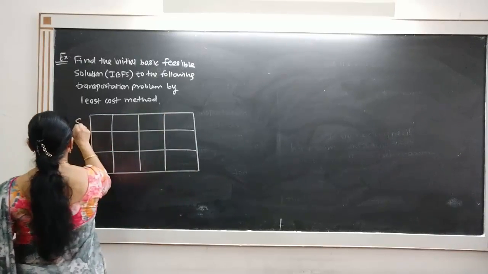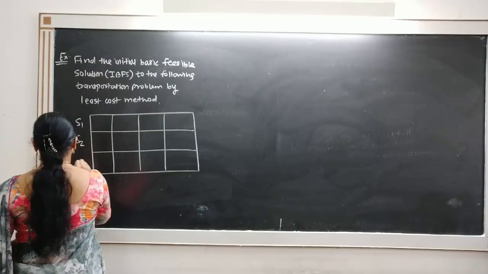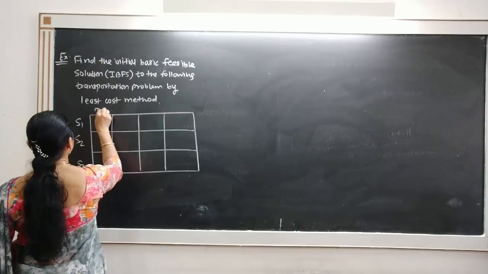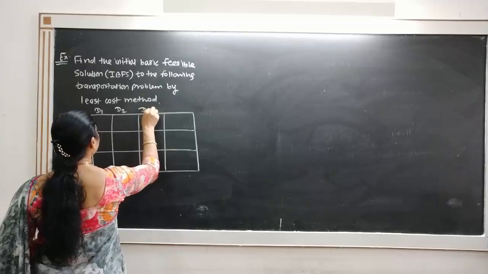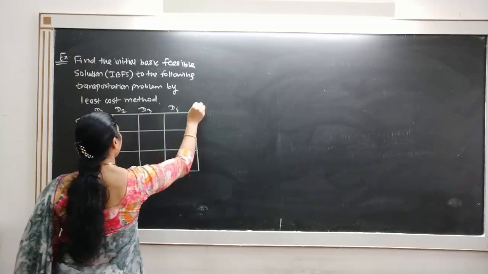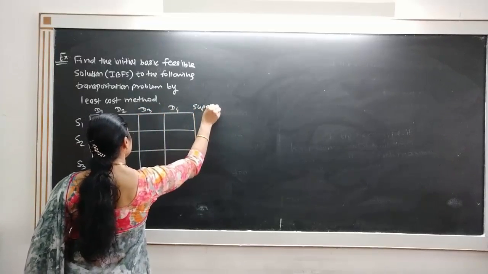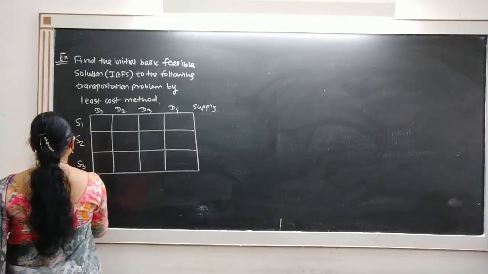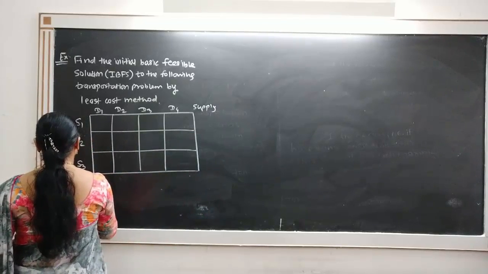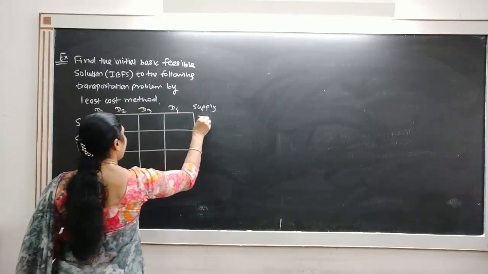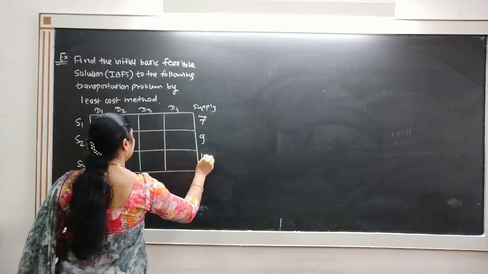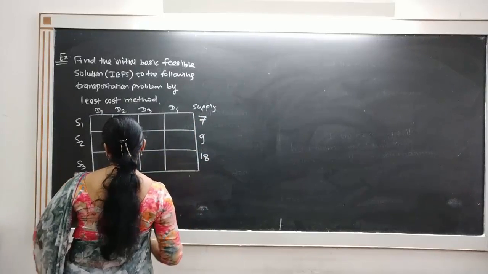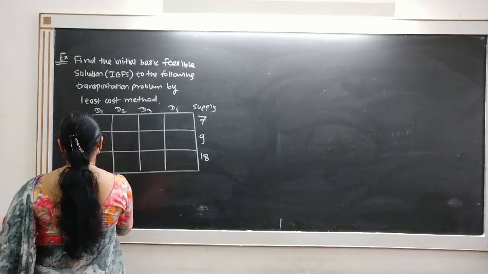There are 3 sources, S1, S2, S3, and 4 destinations, D1, D2, D3, D4, with supply and demand. Supply is 7, 9, 18 for the sources S1, S2, S3.